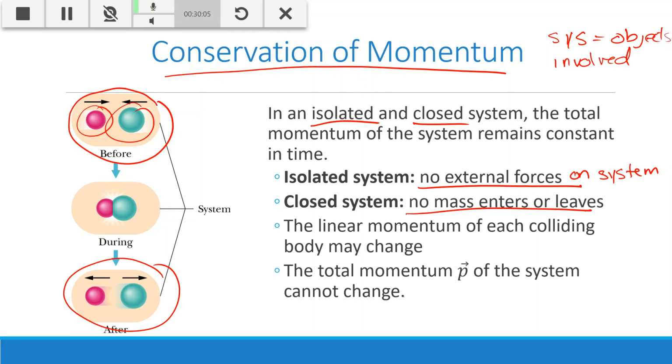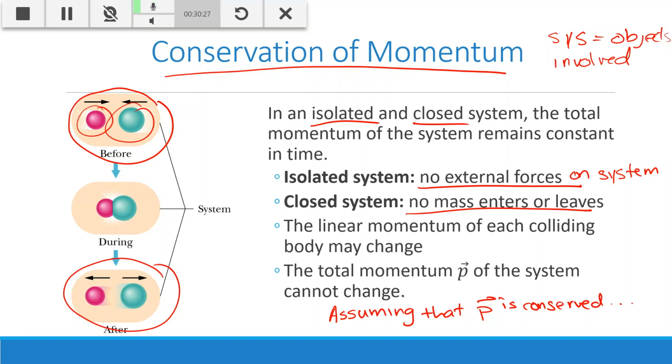But if there's definitely friction involved, then you might not have conservation of momentum. So it's a good idea to start any problem by saying, assuming that momentum is conserved. You can write something like that, and then go through and solve your problem.